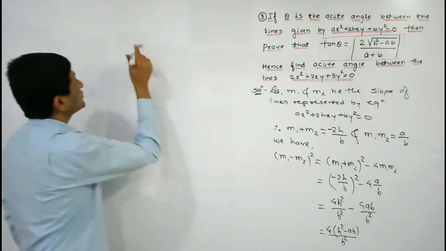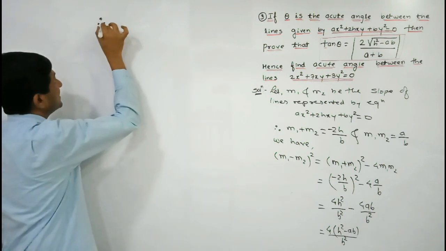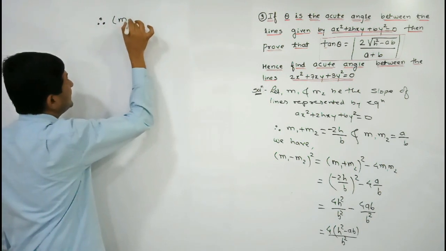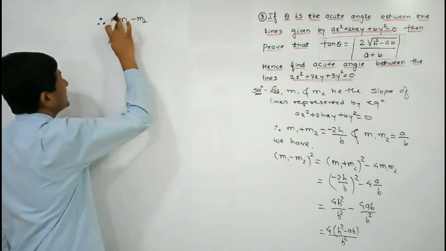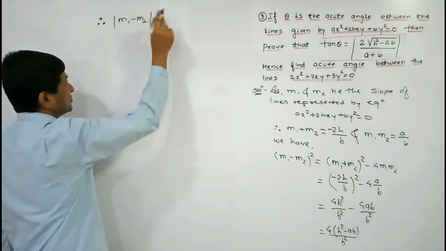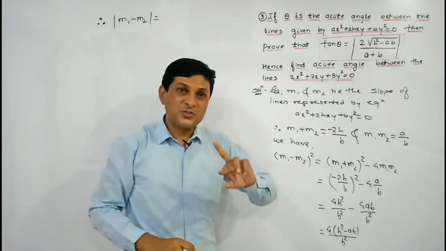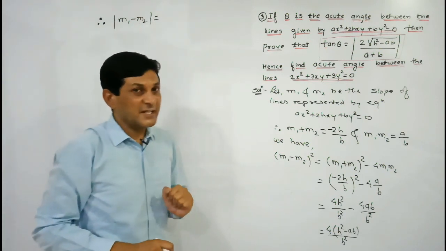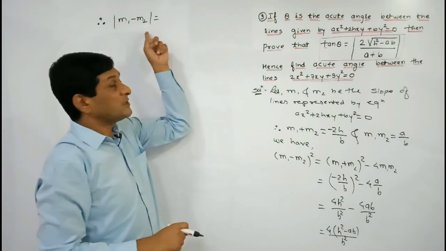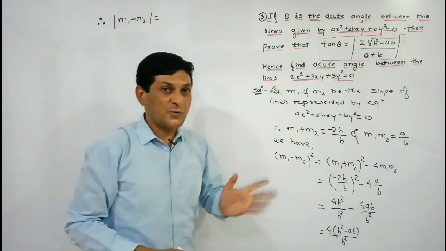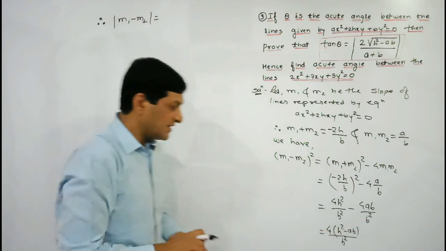Now we are taking square root on both sides, so therefore m1 minus m2, or better way we can say mod of m1 minus m2, because whenever we take square root, at that time we have to consider both the values, positive also and negative also. But here we have taken mod, means we are considering only the positive root. So what result will we get?